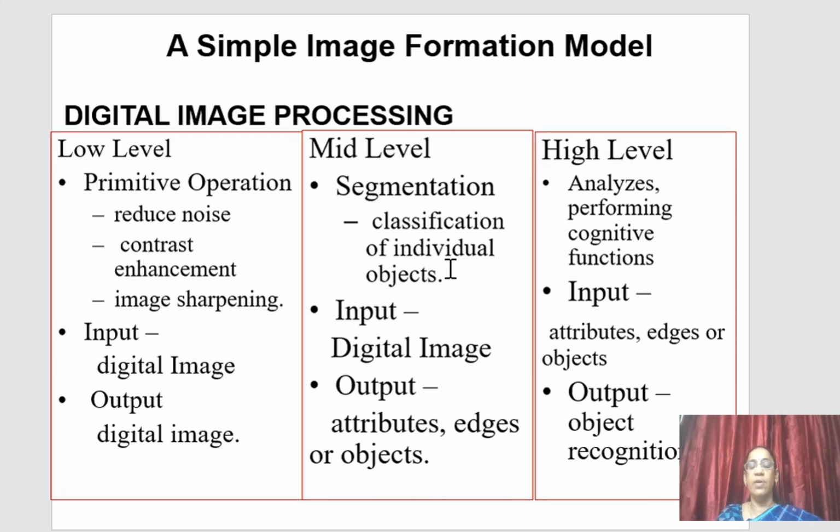So these three levels are the basic categories of image processing: low level, enhancing the image; middle level, segmenting the image; and high level, analyzing the image. These three levels are in digital image processing.